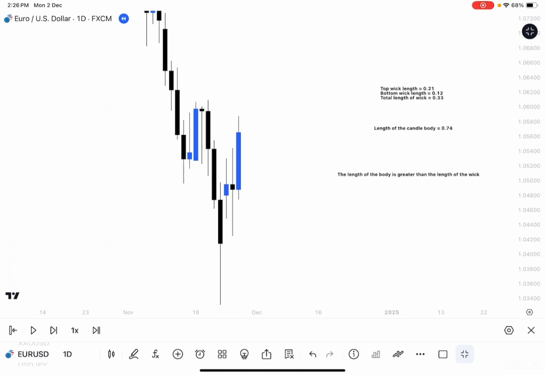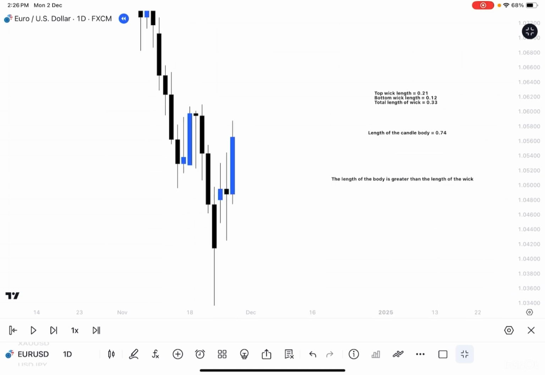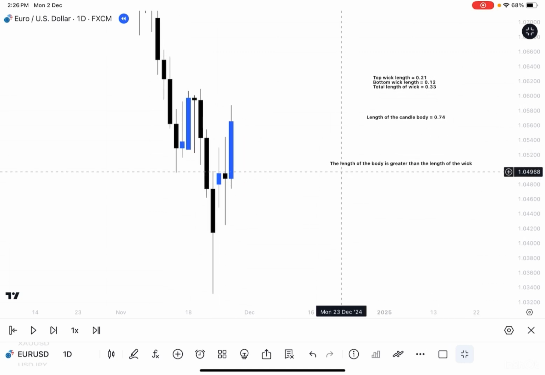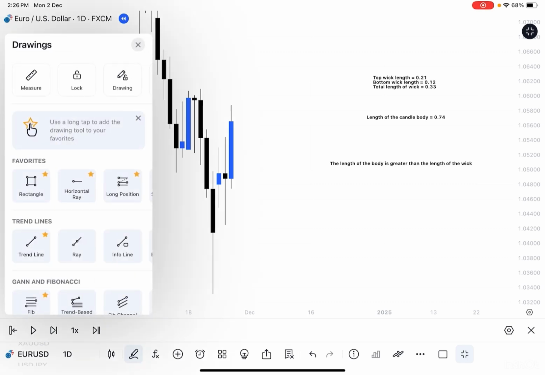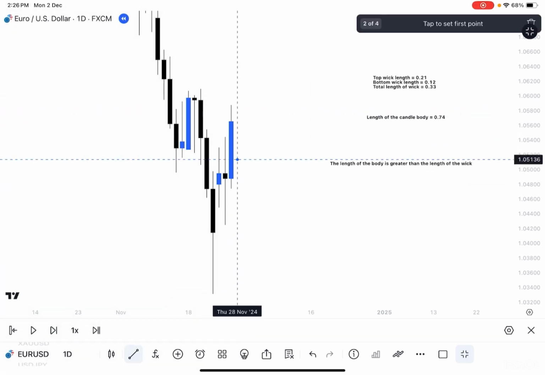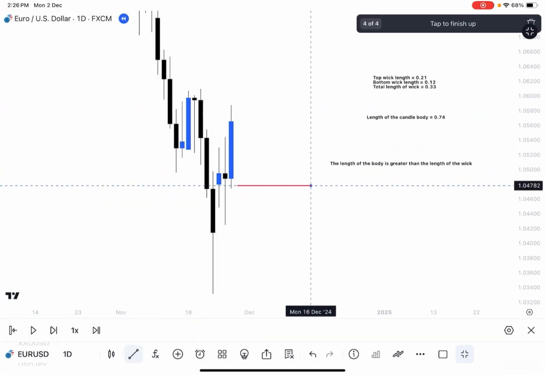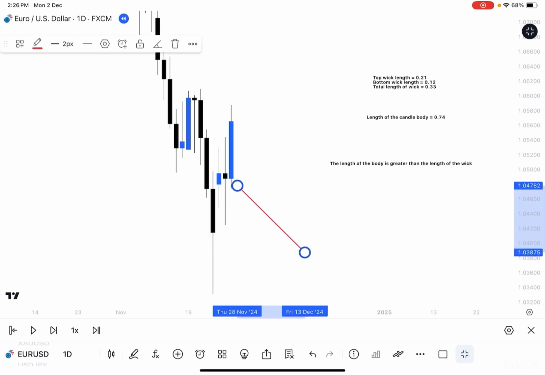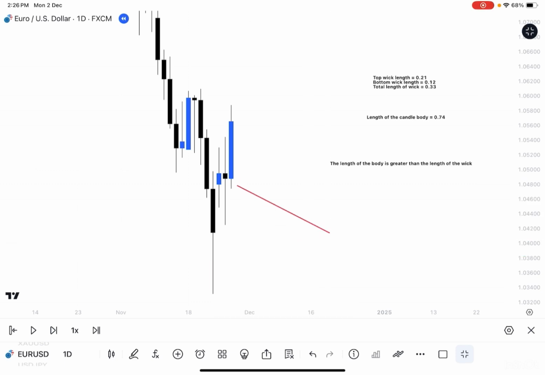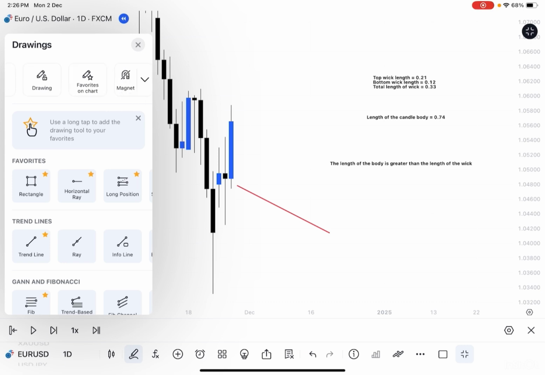So from here we can understand clearly that the length of the body is greater than the length of the wick of this particular candle. So this is a clean CRT candle. This particular candle is the clean CRT candle. It's a very clean CRT candle.